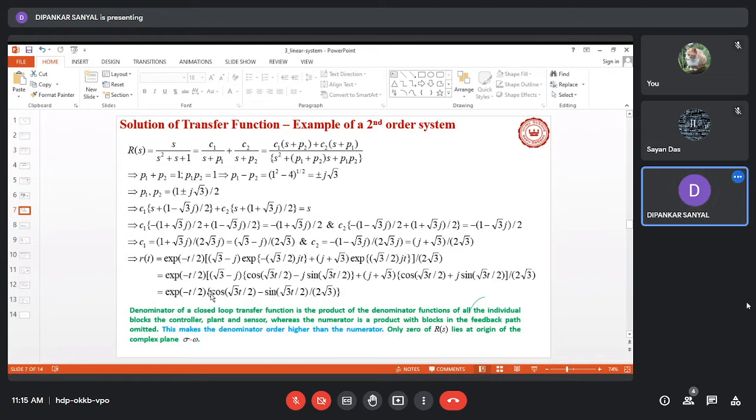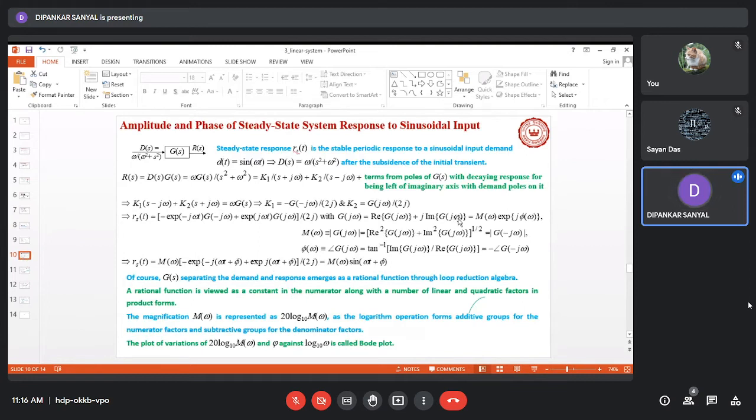Just adding 1 by root 2 and 1 by root 2 here and multiplying with root 2, that root 2 will remain as the amplitude, and this would be written as root 2 sine(2t plus pi by 4) or minus pi by 4, whatever that will result. So basically this cos plus sine could be written as a pure sine function with a phase difference. So that is the form we are talking about.